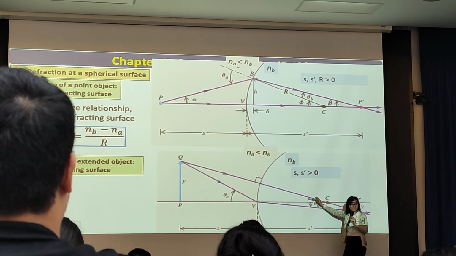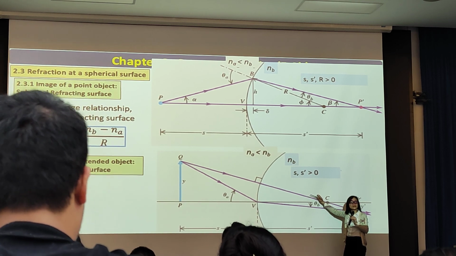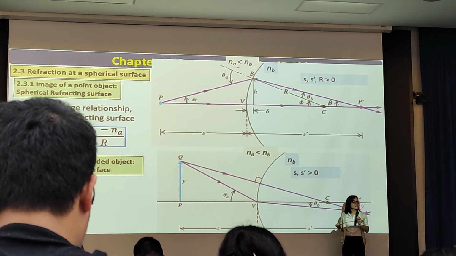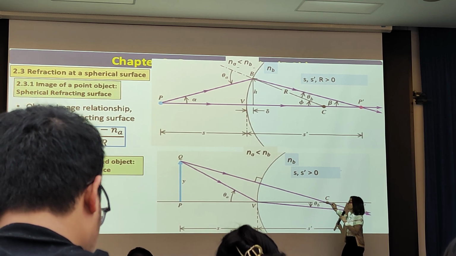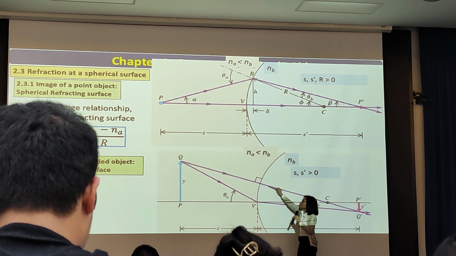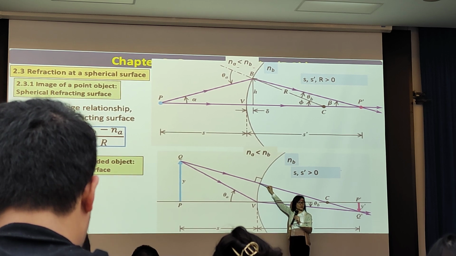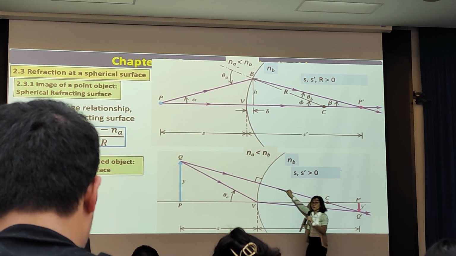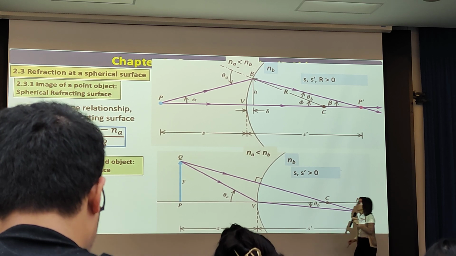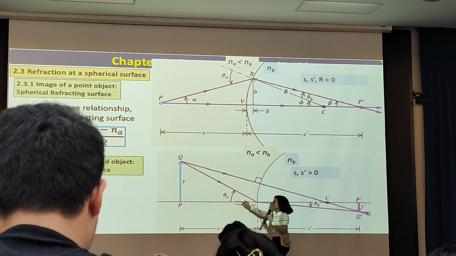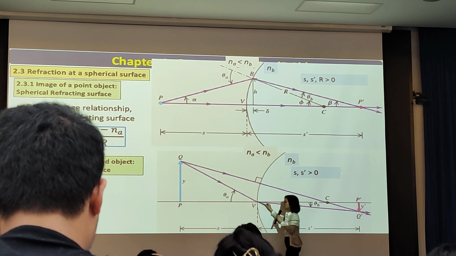Because in the second medium, in order to find the refracting ray, you need to draw the normal. Please keep in mind the normal. So here, see, and this point the same. Also the normal is here. That's why it goes straight. You understand that?